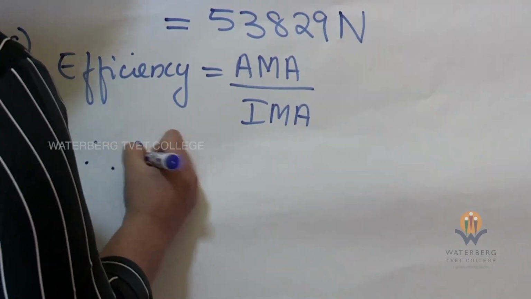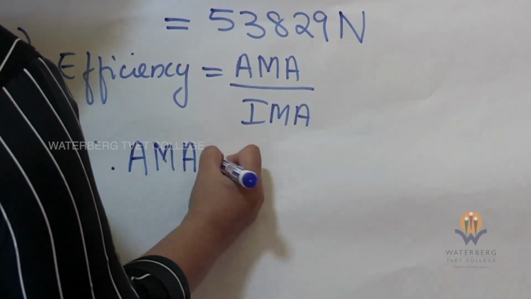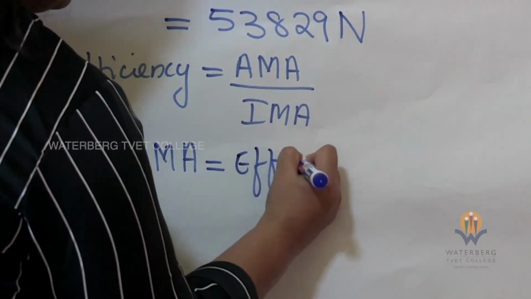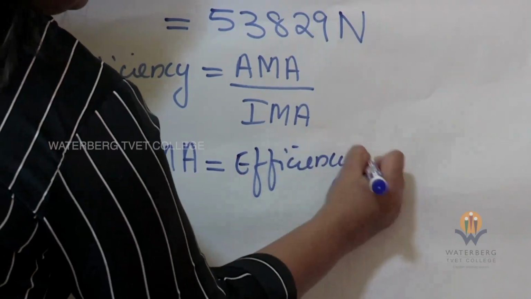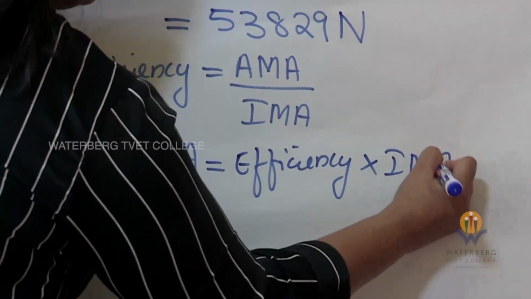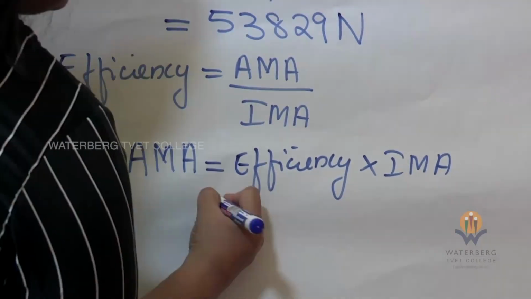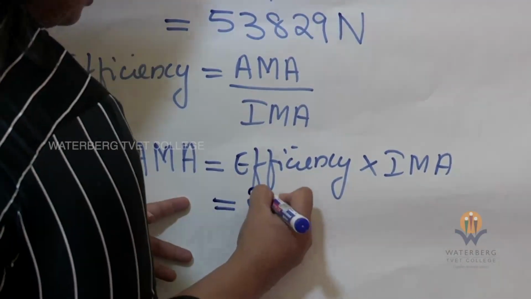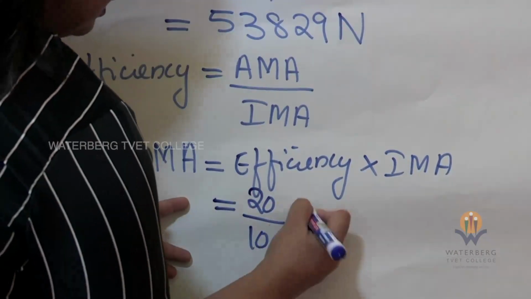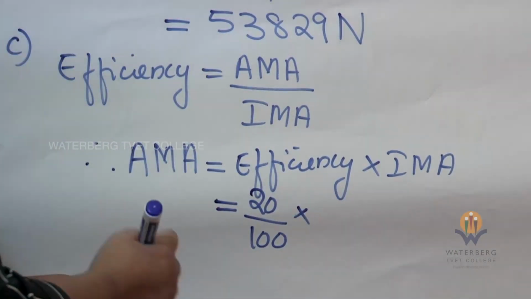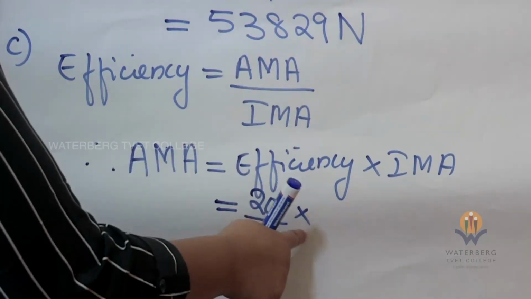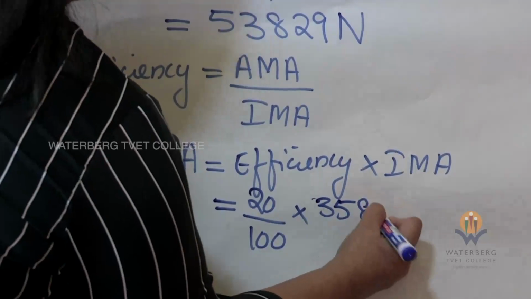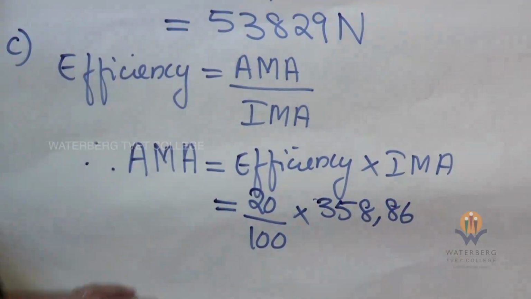Our question is to calculate actual mechanical advantage. Therefore, we change our formula: actual mechanical advantage equals efficiency multiplied by ideal mechanical advantage. Efficiency is given in the question as 20%, and percentage means out of 100, multiplied by the ideal mechanical advantage we already calculated in our first question, which is 358.86.